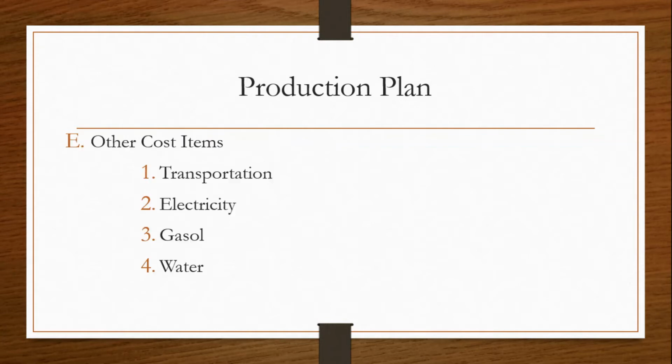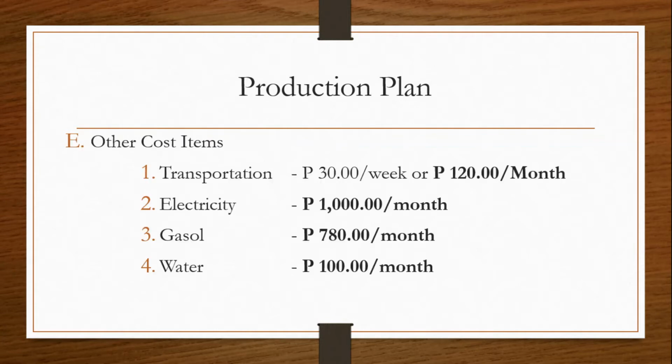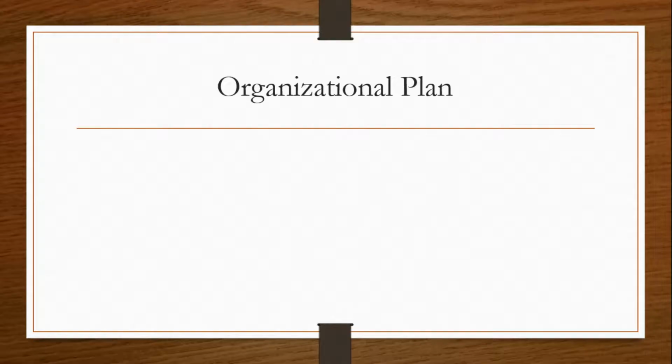And finally, we need to think deeply about what other items we really need in production. Now let's go to the third element. The first thing that we need to consider in the organizational plan are personnel requirements, their wages, and their function.